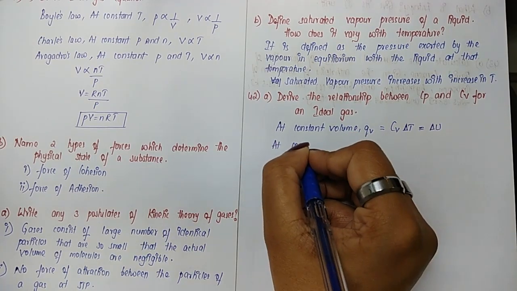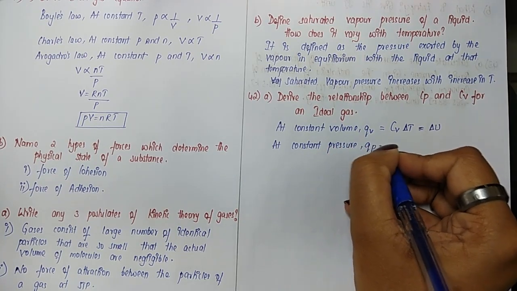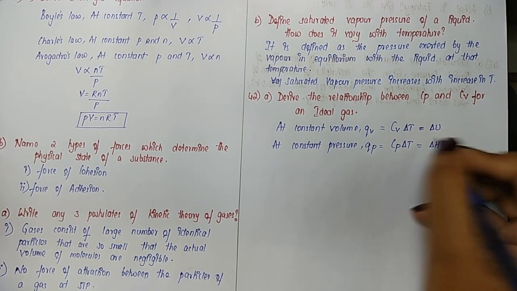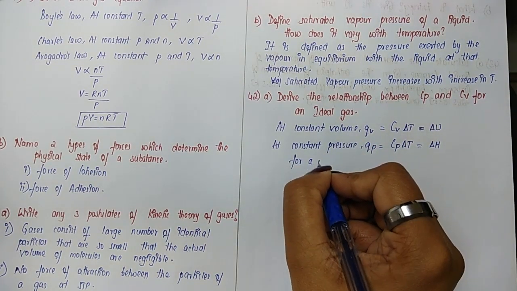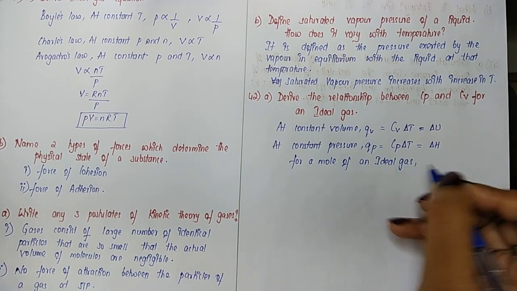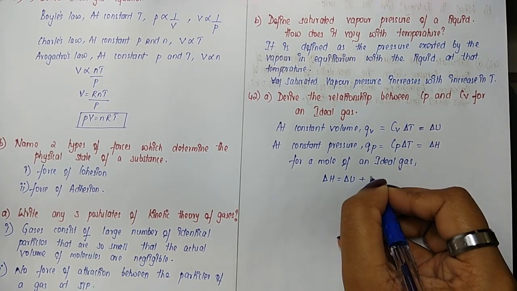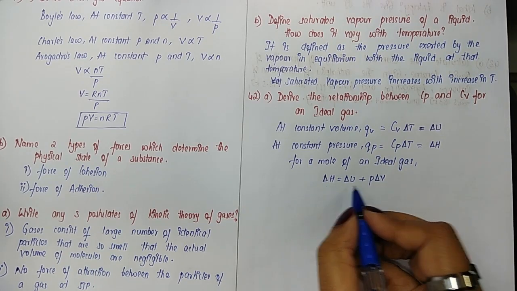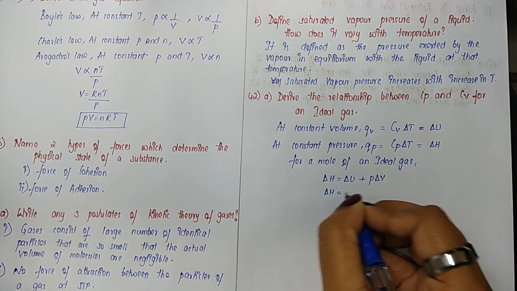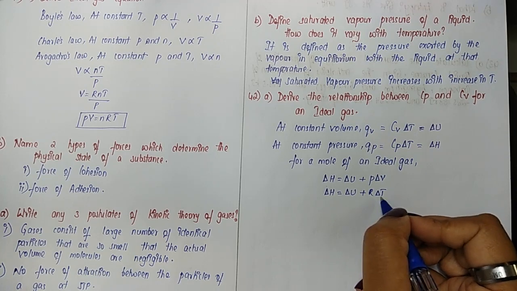Now the same thing at constant pressure, QP is equal to Cp into delta T. This can be considered as delta H. Now for a mole of an ideal gas, we have to write the equation that shows the relation between delta H and delta U. So delta H is equal to delta U plus P delta V. Now this can also be written as delta H is equal to delta U plus R delta T, because PV is equal to nRT, instead of PV we can also write R delta T.